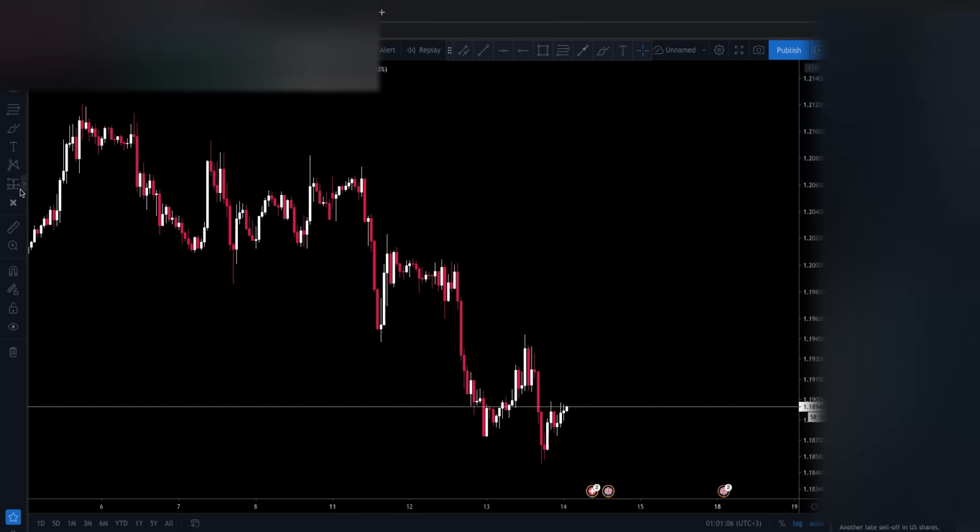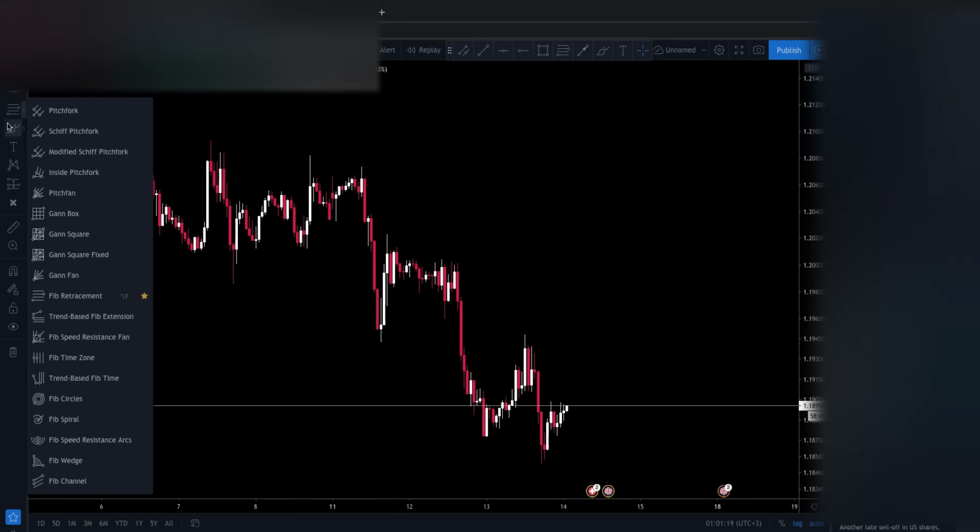If you go to the left hand side panel on tradingview.com, you can see not the first, not the second, the third option. If you click on it, or extend it, you'll see fib retracement, right?